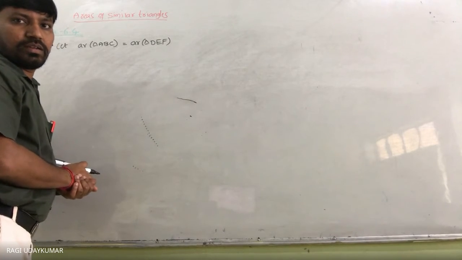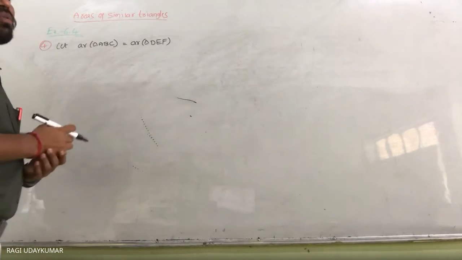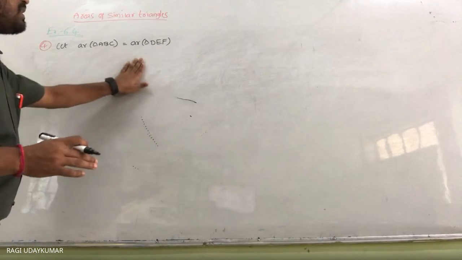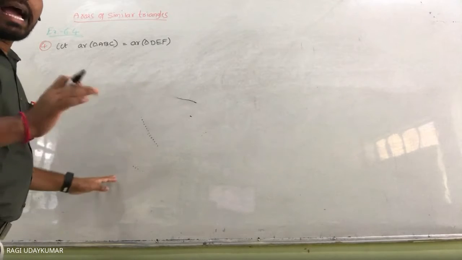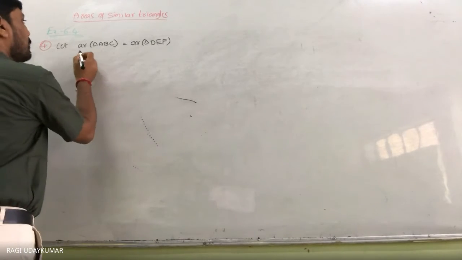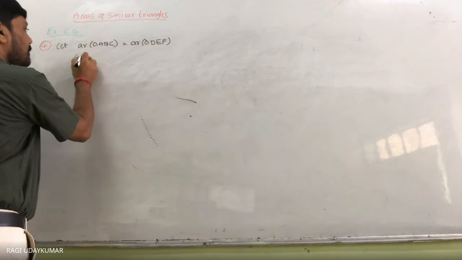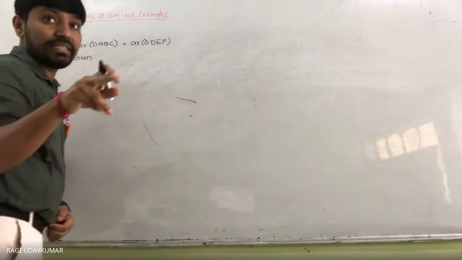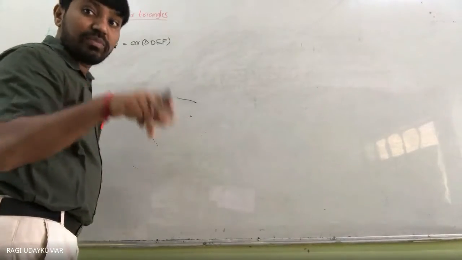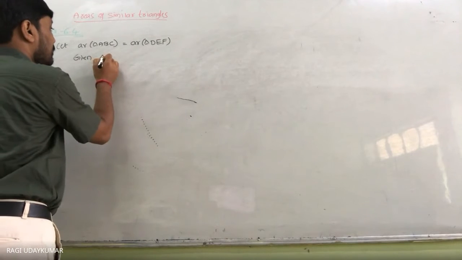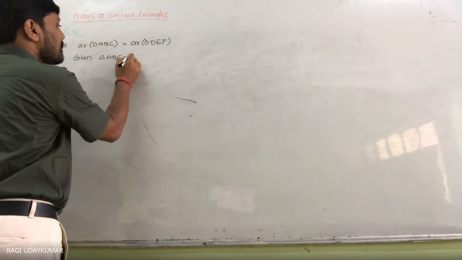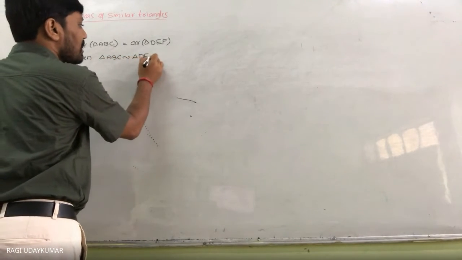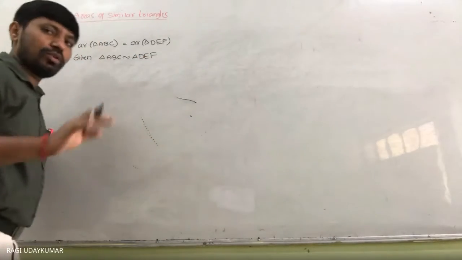And it is also given that these two are similar triangles. So triangle ABC is similar to triangle DEF. The names of the triangles are not given, but we are considering them here.